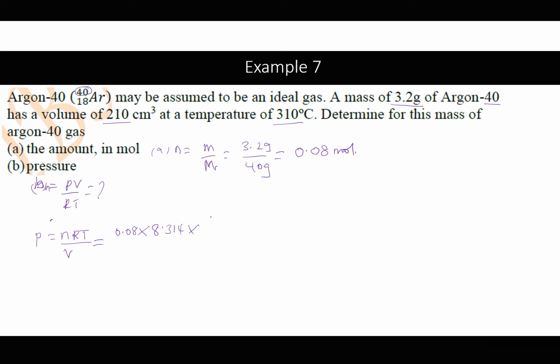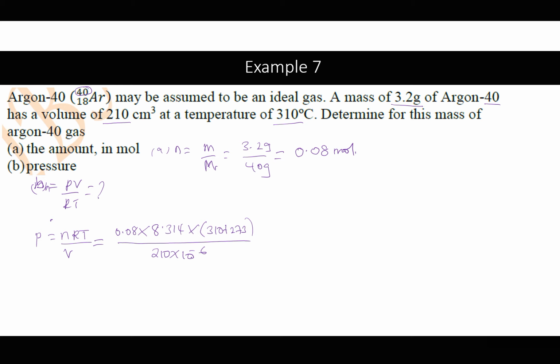Temperature should be in Kelvin units. Remember, the temperature should be in Kelvin units. So that would be 310 plus 273 Kelvin divided by the volume, which has been given as 210 centimeters cubed. So this should be 210 times 10 power negative 6 to change it to meters.